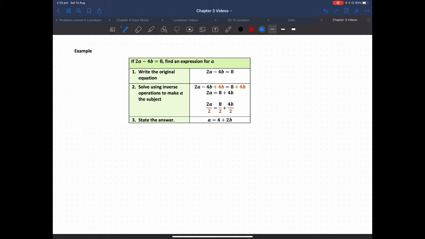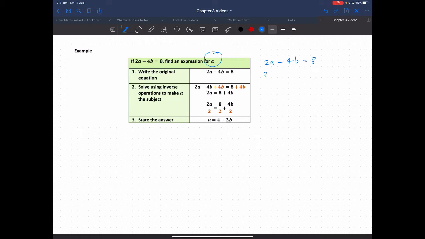Here is an example. 2a minus 4b equals 8. It says find an expression for a. That means we must get a by itself. What we have is 2a minus 4b equals 8. So the first thing I'm going to do is to get rid of the minus 4b, so I'm just left with 2a.